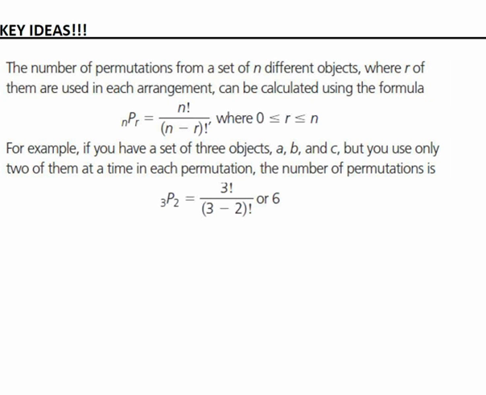It's under key ideas. So you don't have to write it down because the formula is right there for your viewing pleasure. But if I were you, I'd put a star by it. It's one of the most important formulas in this unit. And you do it by factorials.